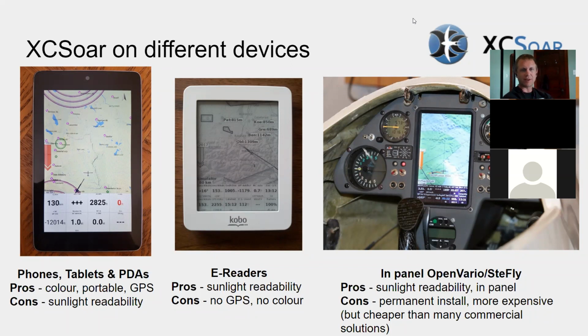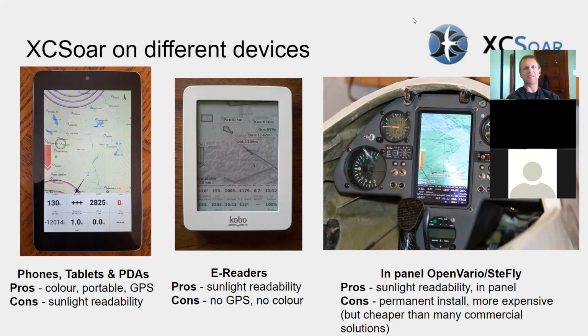The other category I have here is the e-readers, which have become popular recently. They're quite cheap to buy, and their sunlight readability is excellent. They don't have any kind of a backlight, so they're also pretty low on power. But most of them don't have GPS, and most of them are black and white.